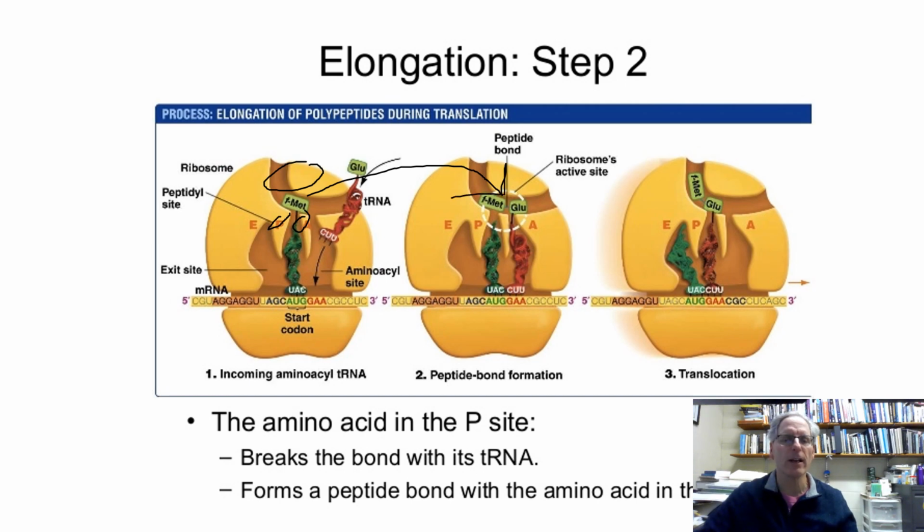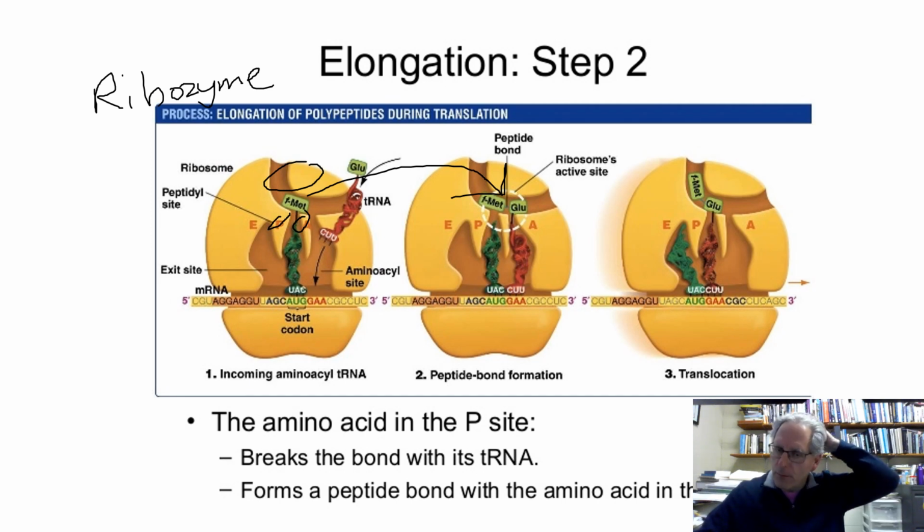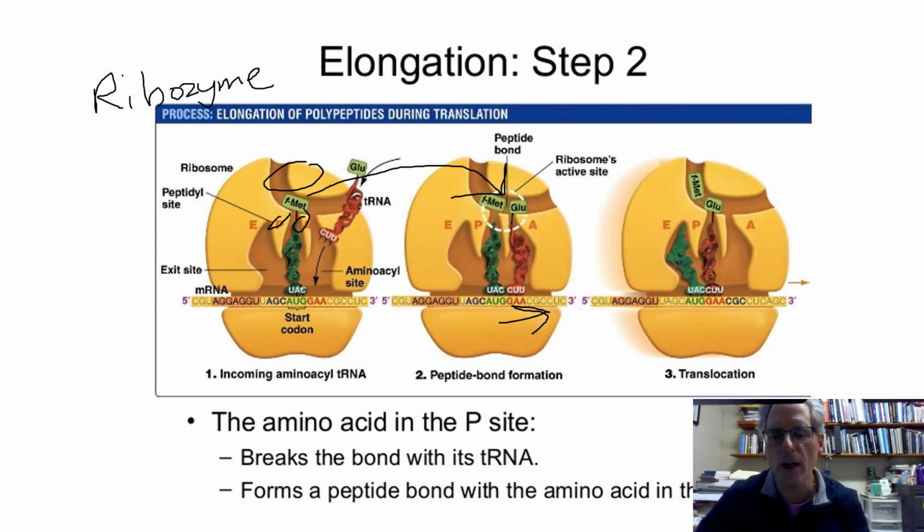So the peptidyl transferase is actually in the RNA of the large ribosomal subunit. It is a ribozyme. When the peptide bond is formed, another protein, a translocase, binds and causes the ribosome to move in the 3' direction down the mRNA so that you now have new codons at these sites.